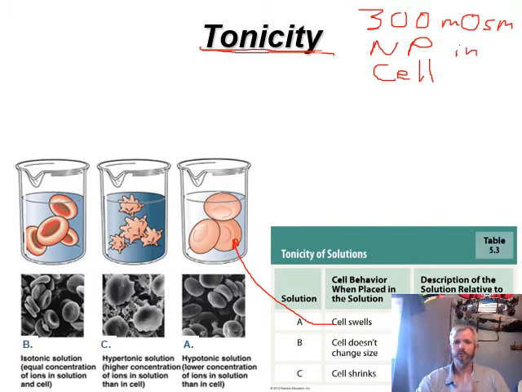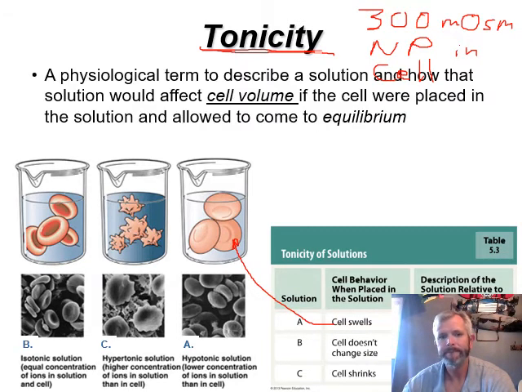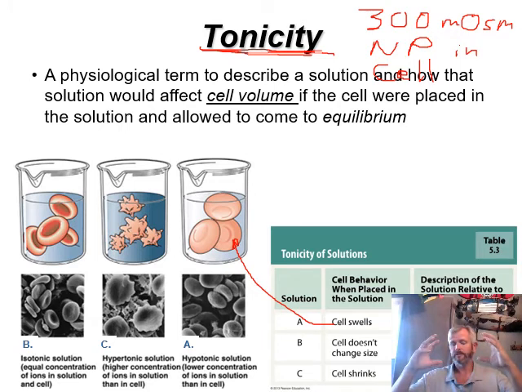A hypotonic solution causes the cells to swell. So tonicity describes what happens to the cell volume. Isotonic, no change. Hypertonic, shrivel or crenate. And hypotonic, swell. If there's so much swelling, they're actually going to lyse.